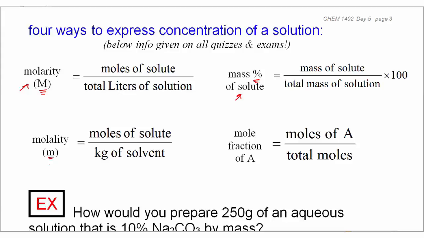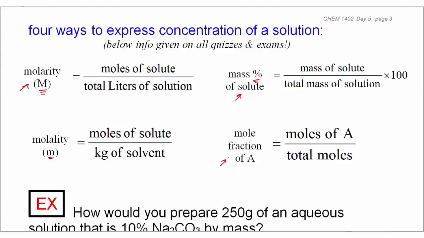Moles of solute divided by kilograms of solvent is how you get molality. And then the 4th way to express concentration is mole fraction. It's just a fraction, so the units cancel. It ends up being unitless. So it's the moles of A over the total moles. So if you want to find the mole fraction of anything, divide its moles by the moles of everything, and you get its mole fraction.